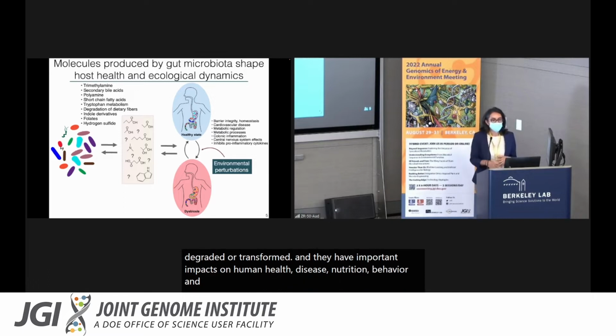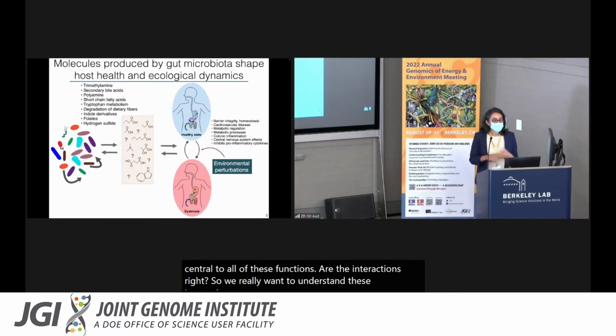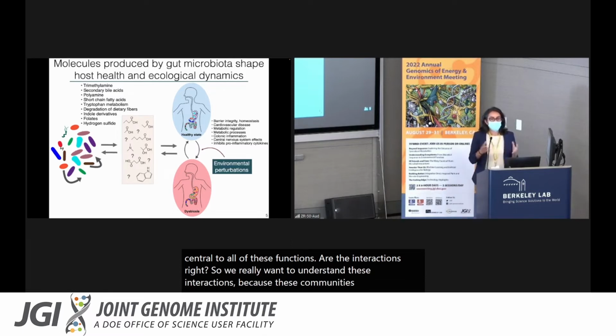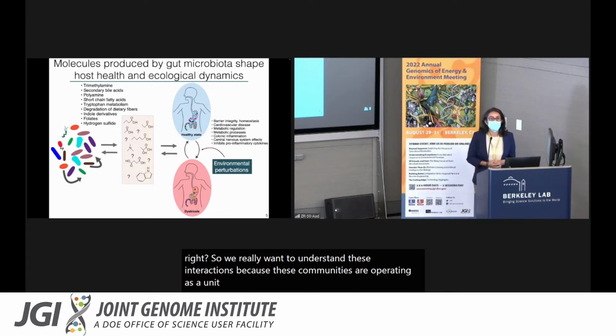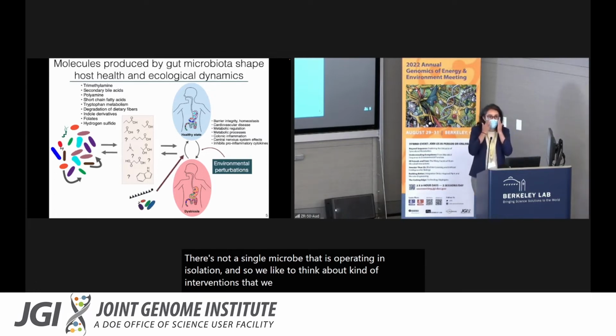And central to all of these functions are the interactions, right? So we really want to understand these interactions because these communities are operating as a unit to impact human health. There's not a single microbe that is operating in isolation. And so we like to think about interventions that we could engineer.